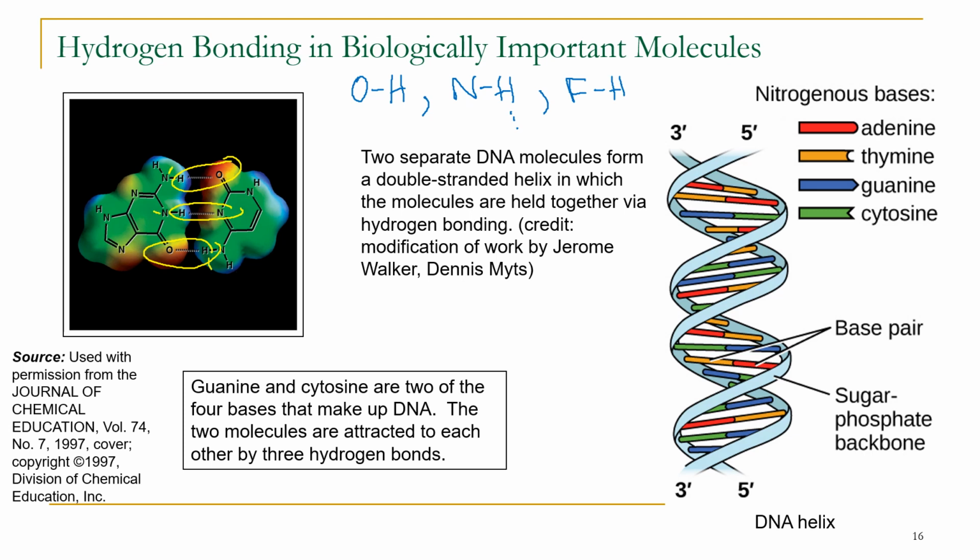And then it has to be attracted to another O, N, or F, and that makes it a hydrogen bond. And so you can see that actually that's what holds DNA together, are these hydrogen bonding. So it's really important.